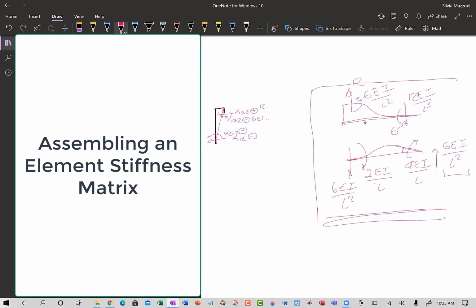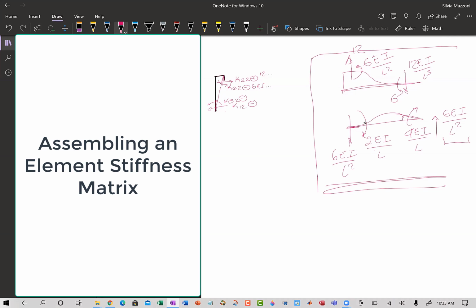Now you're like, well, wait a minute. Aren't the sum of the forces equal to 0? Well, 2 EI over L plus 6 EI. So look at this. It's kind of cool. So if we take the sum of the moments here, let's see. 2 EI over L plus 6 EI over L squared times L is equal to, that goes away. It's 8 EI over L, yeah.